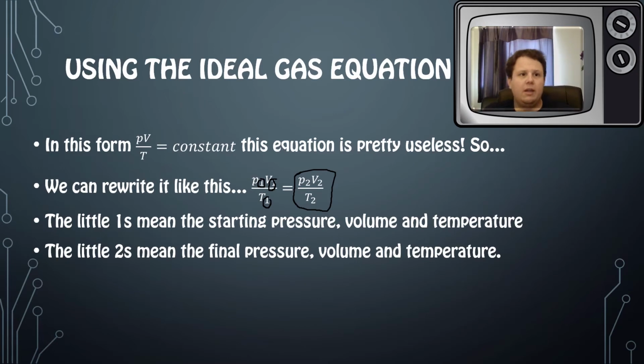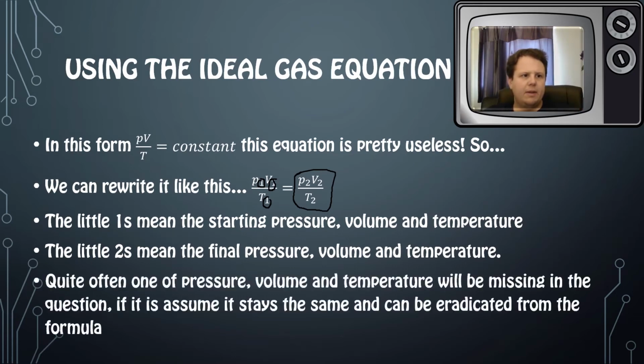They're just a way of showing that it's pressure at time 1 and then pressure at time 2. Now, quite often when you come to use this formula, one of pressure, volume or temperature will be missing. So if it is, assume that it stays the same and you can just cancel it out of the equation.